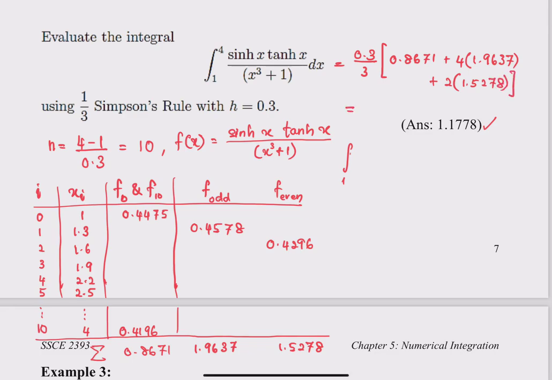Then you'll get the answer 1.1778. So this is how we apply the 1/3 Simpson rule.